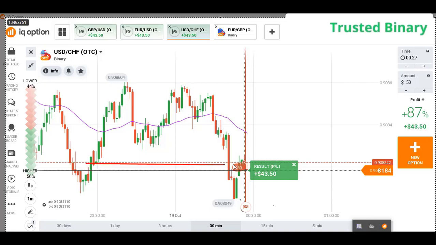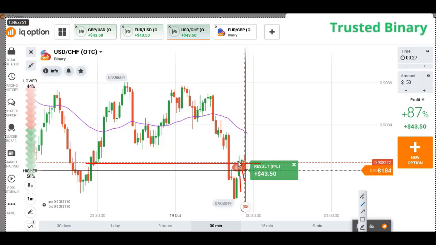There is a level here, and the previous candle, this candle exactly closed at this level, and there is a strong rejection, and after that another candle goes up and broke the level.